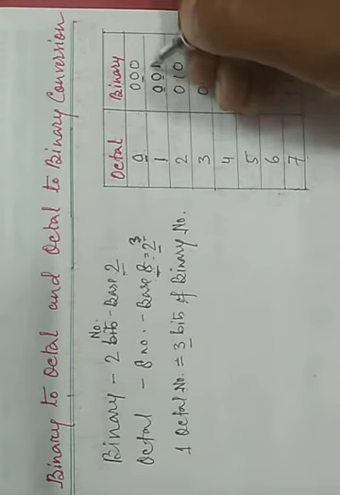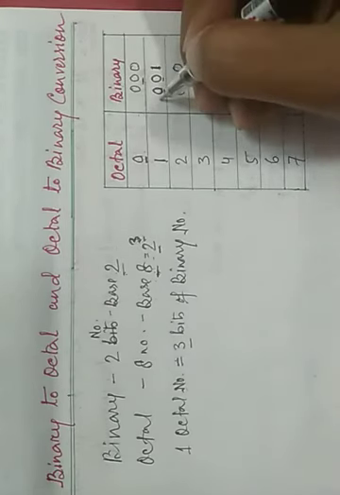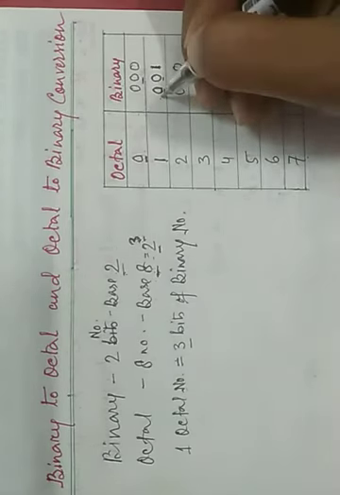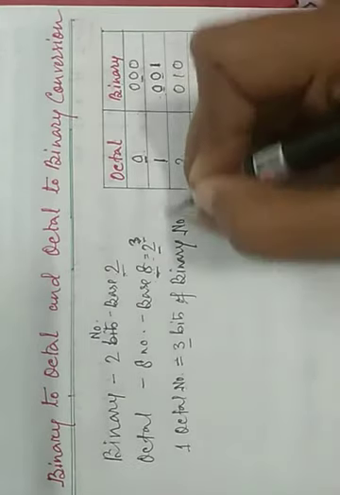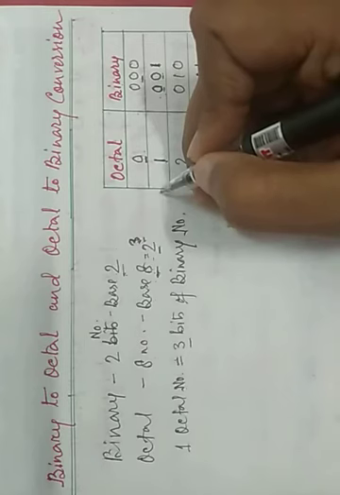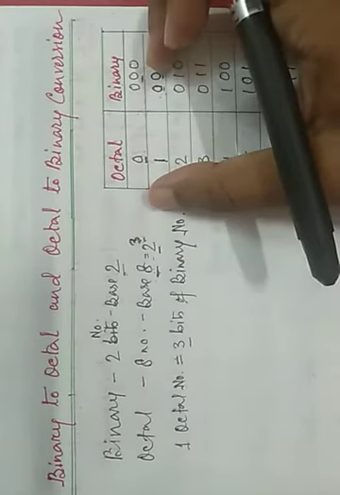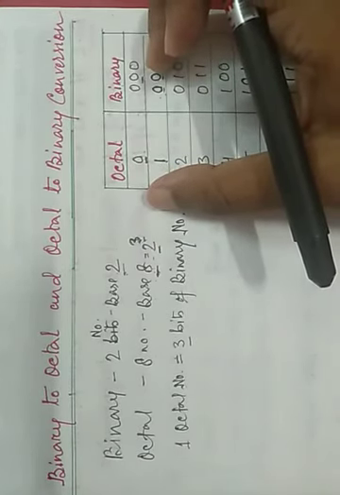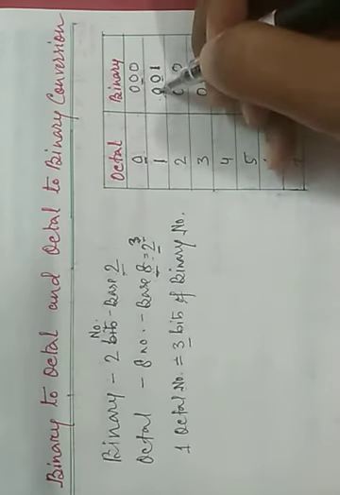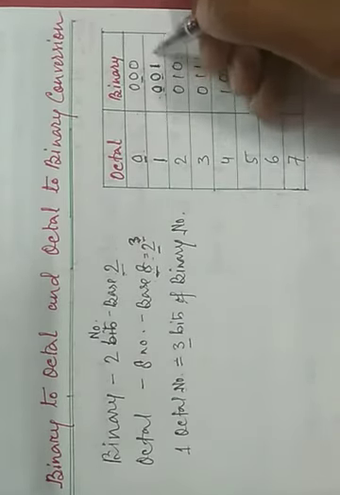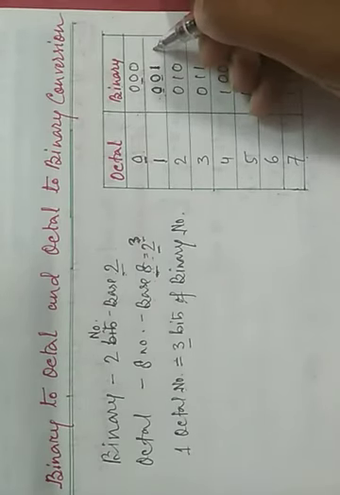Whenever we write any 0 at the left side of any number, it does not have any significant value. We can write as many 0s at the left side of any number in order to increase the number of bits. Left side 0 does not have any significant value, but right side 0 always must have significant value.